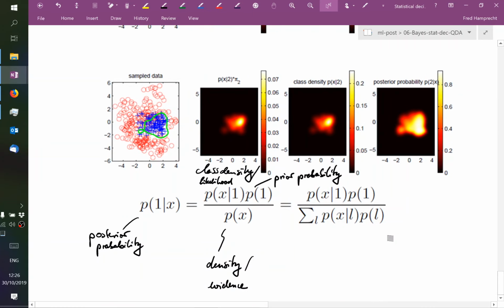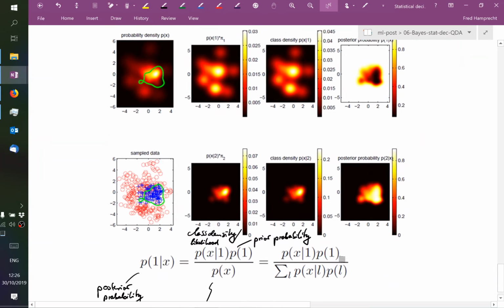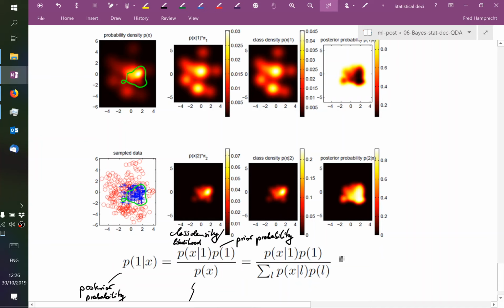And now in reality, of course, we never have the true densities. We don't have the thing on the right-hand side. We only have this. So what we then do in so-called generative classification methods is that given the sample data, we try and estimate, on the one hand, the prior probability. So we just ask how many red points are there and how many blue points are there. This will give us a prior probability for class 1 versus class 2.